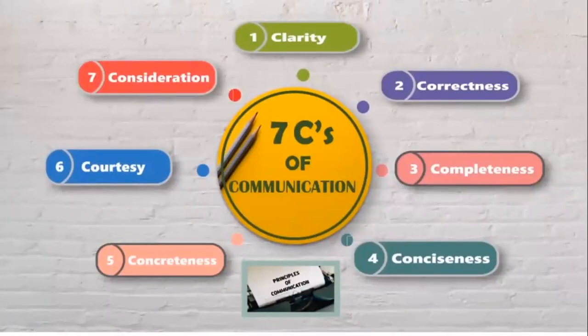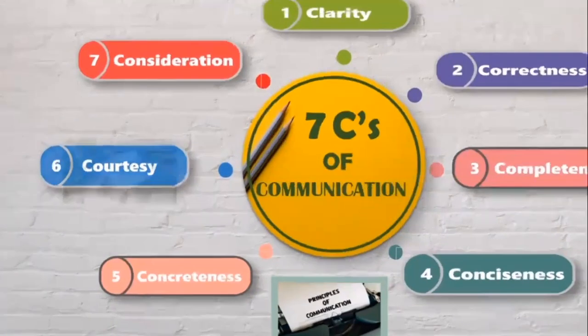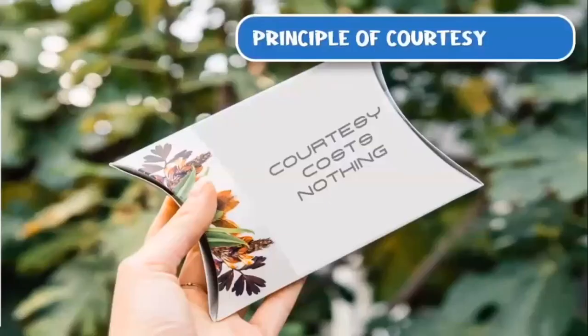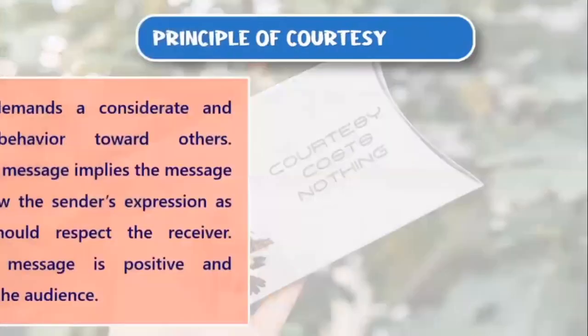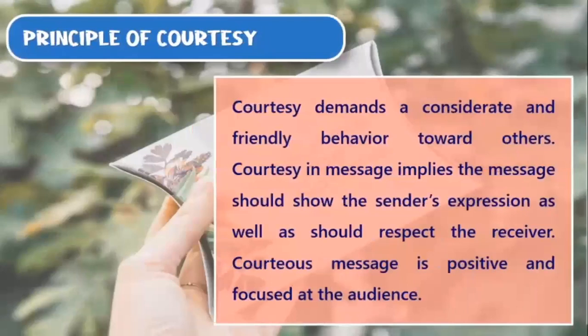Next we have is principle of courtesy. Courtesy demands a considerate and friendly behavior towards others. Courtesy in message implies the message should be showing the sender's expressions as well as should respect the receiver. A courteous message is positive and focused at the audience.